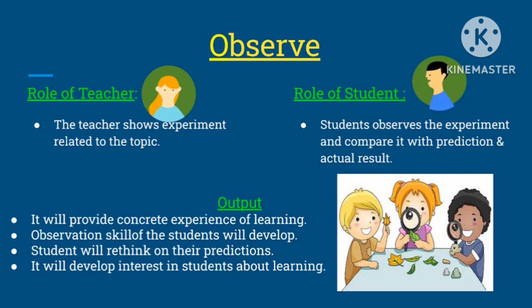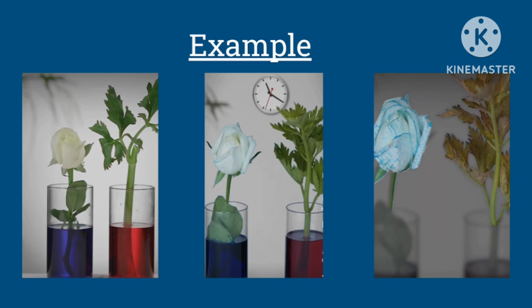Now let's see observe. In this case the role of the teacher is to focus the students to observe what is happening, and the role of the students is to observe mindfully. For example, in this case the students will observe how the plants are changing color.